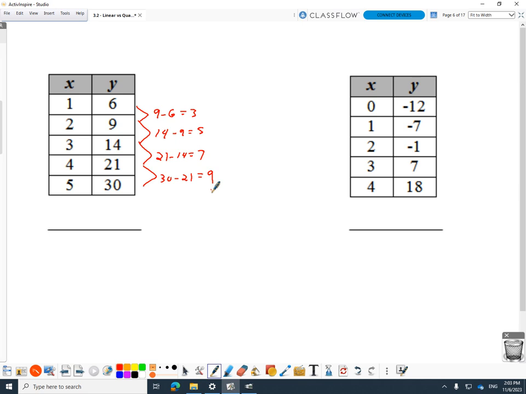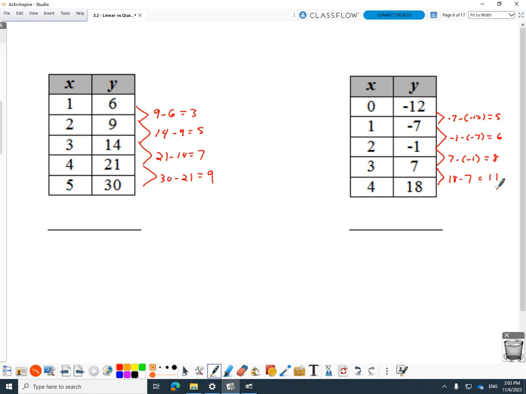Not linear. I don't know how to tell if it's quadratic yet in this lesson, but not linear. How about this one? Not linear.